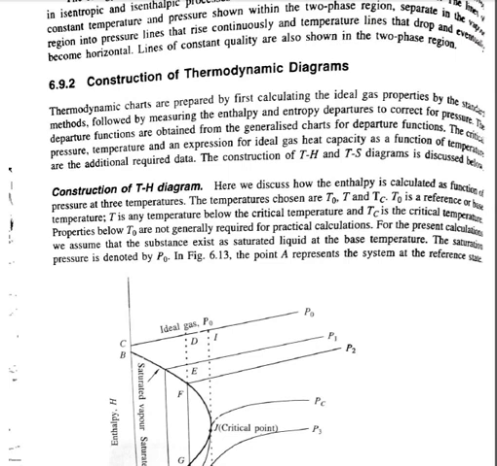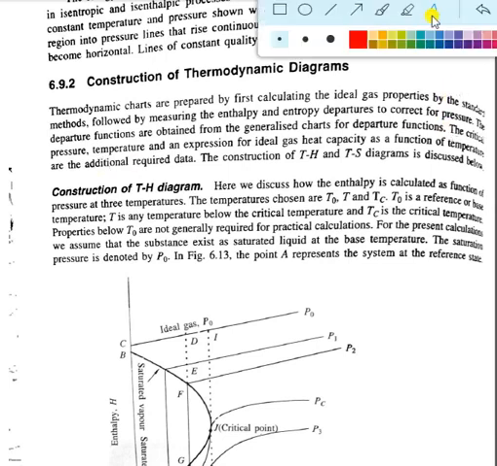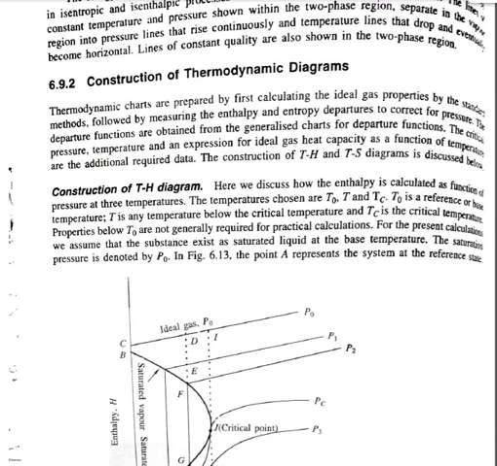Departure functions are obtained from the generalized chart for the departure function, and the critical pressure, critical temperature and expression for ideal gas heat capacity as a function of temperature are the additional required data. That means critical pressure, critical temperature, all this data will be required to express the ideal gas heat capacity.